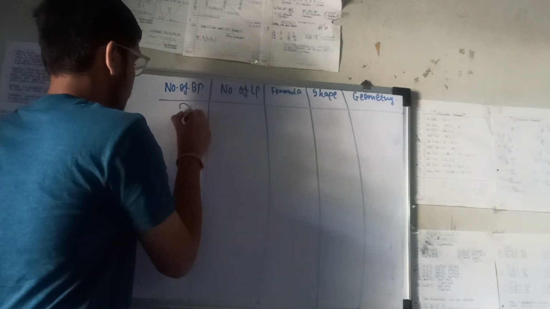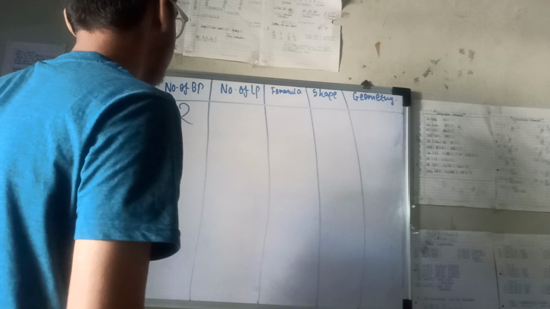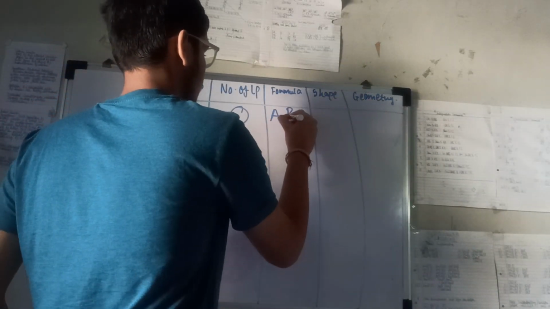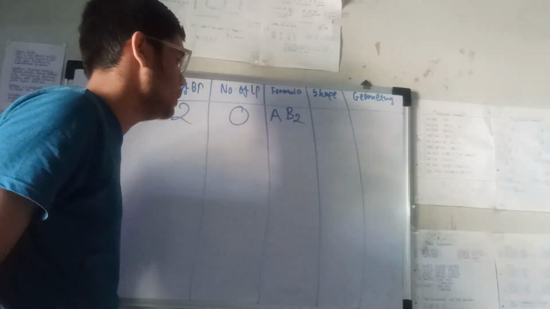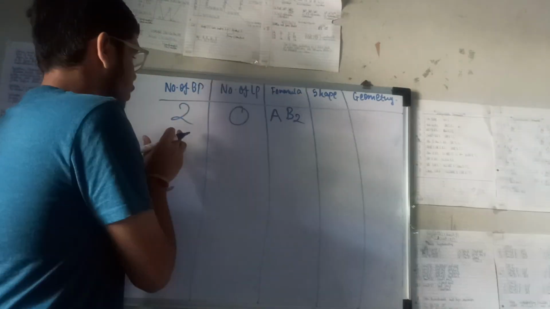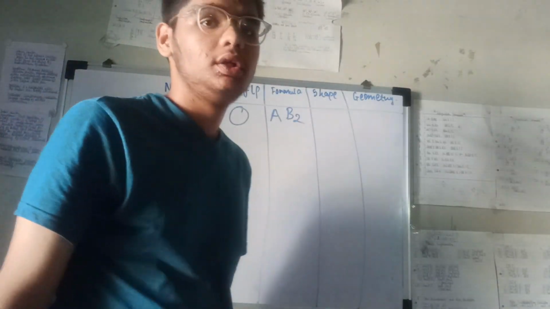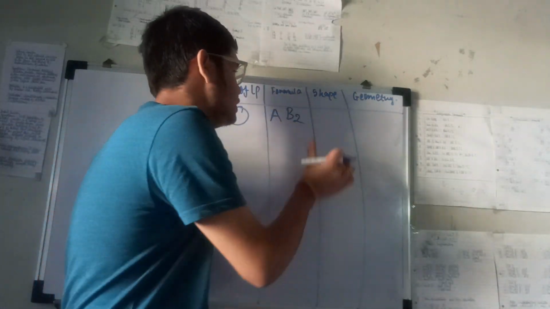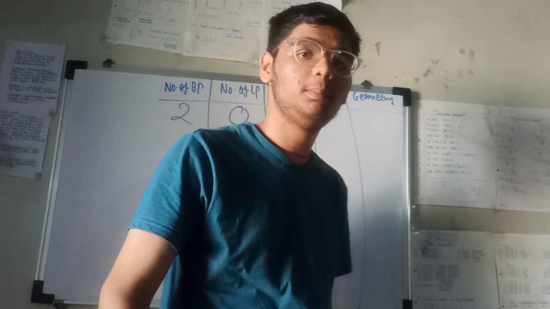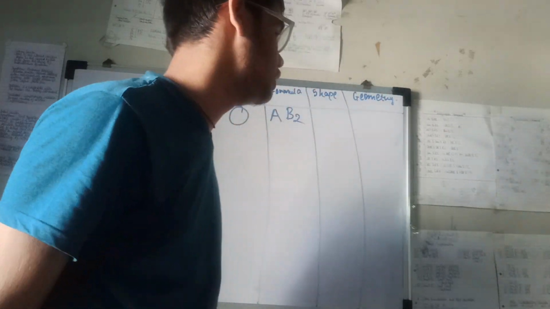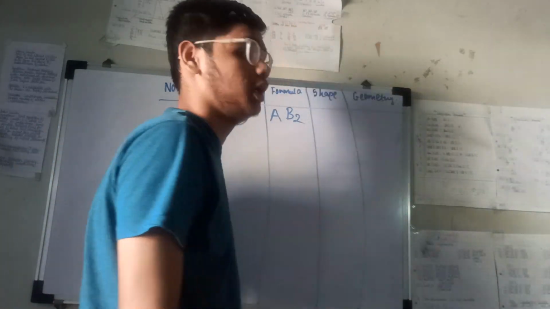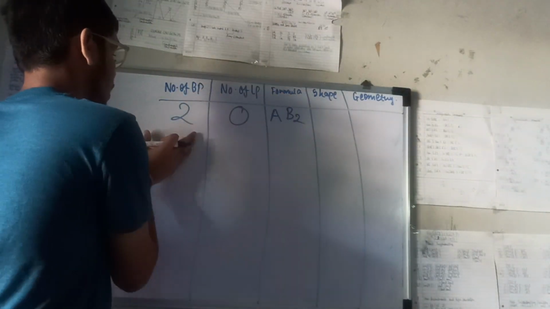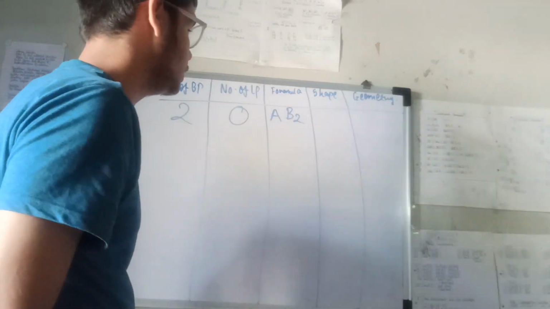So number of bond pairs, if I have taken 2, lone pair 0, AB2, what will the shape be? 2, no lone pair. Now remember, in shape we only consider bond pairs and no lone pairs, but in geometry we are considering lone pair plus bond pair. Here there is no lone pair, two bond pairs, Z is equal to 2.